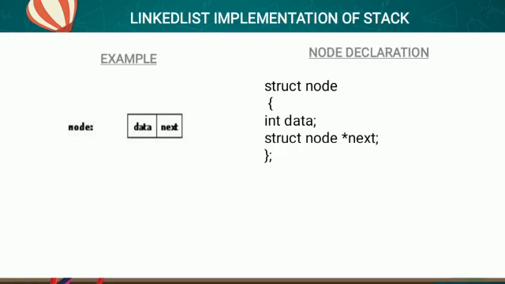Next, the node declaration, because a linked list consists of a series of nodes. Here one node is defined by using the structure concept. One node consists of two parts. The first one is the data part, which holds the data type integer. The next one is the next pointer, which holds the address of the next node.